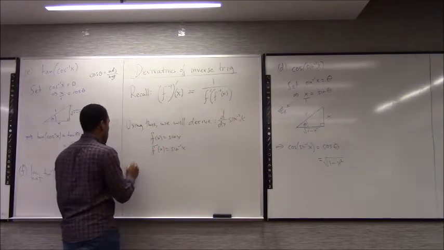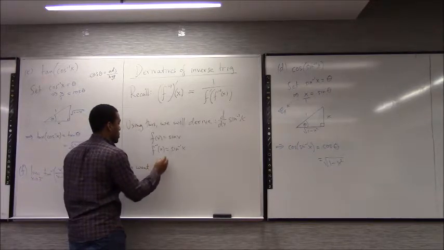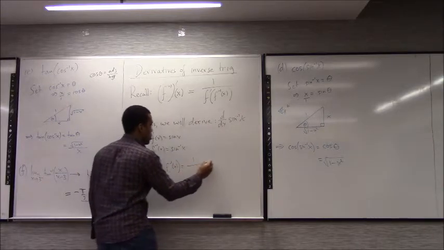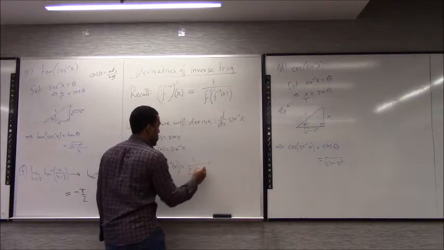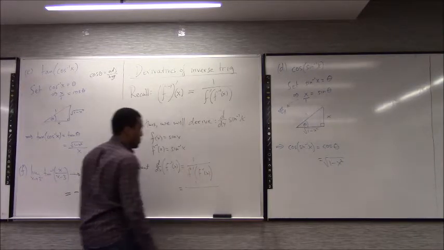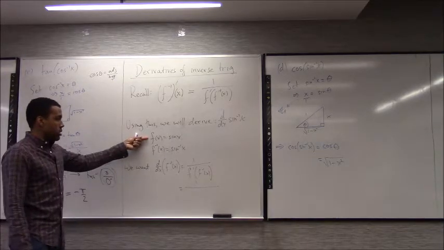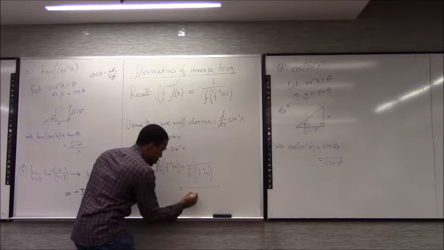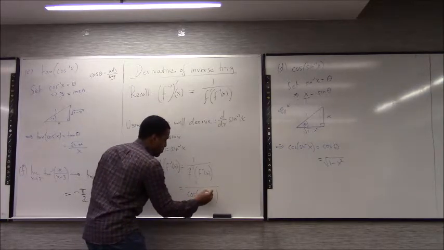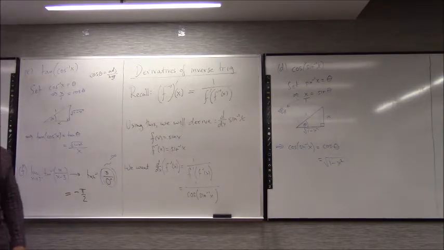So we want the derivative of f inverse of x. This is going to be 1 over f prime of f inverse of x. This is 1 over, what is f prime? Derivative of sine is? Cosine. So I'm going to take the cosine of f inverse, which is the sine inverse. And there you get an expression, the cosine of the sine inverse.